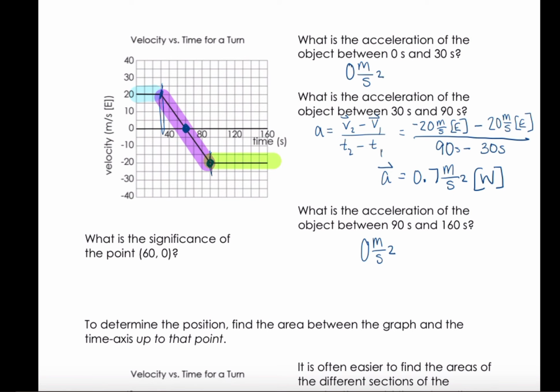That's where our velocity hits 0, so the object stops and changes direction. Okay, so we're slowing down to 0 meters per second, stopping, and then we start going in the negative direction, so going back west, so we're changing directions.